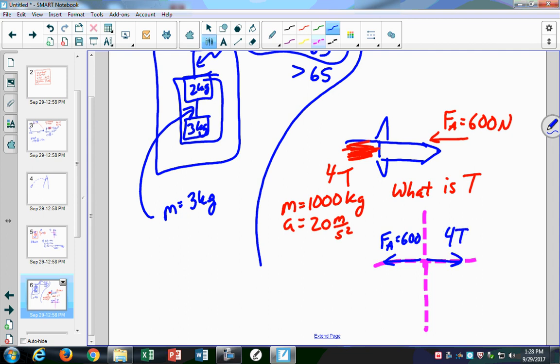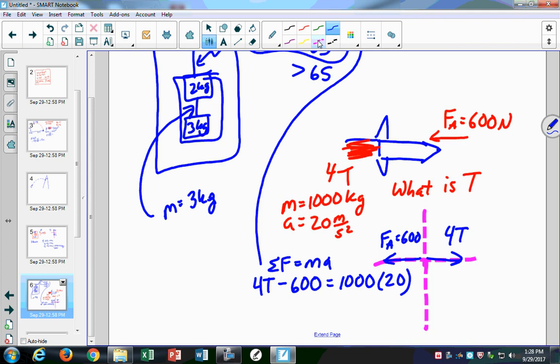That is 4T minus 600 equals 1,000 times 20. And then you would solve that for T. So that's 20,600 divided by 4. That's how you work that problem if you haven't worked it yet. I think most of you have. Okay? So that would be another type of 1D problem.